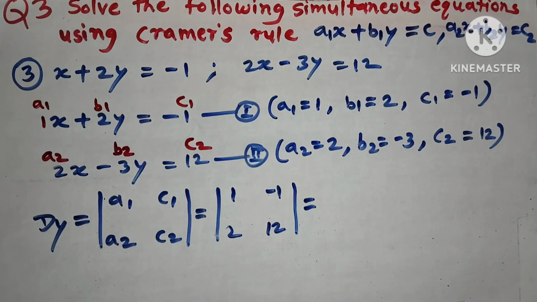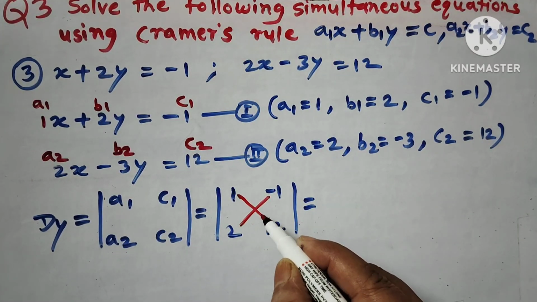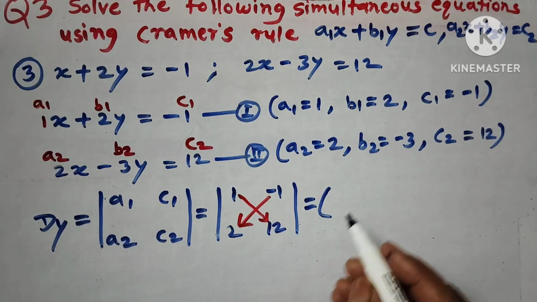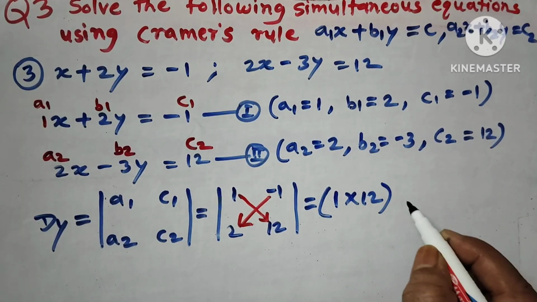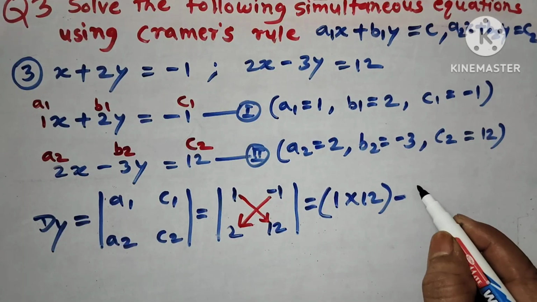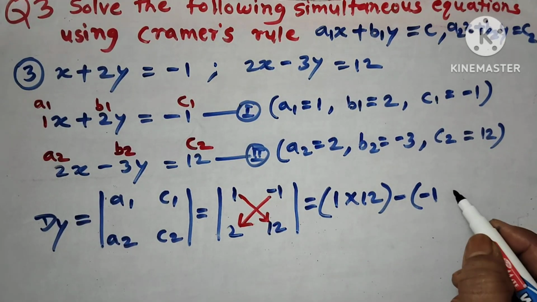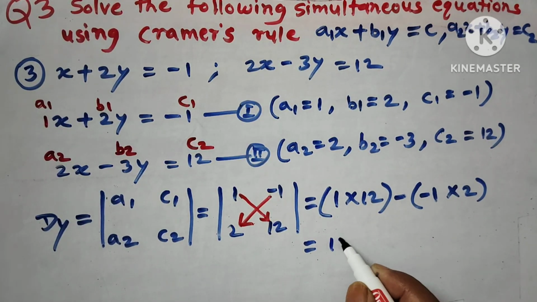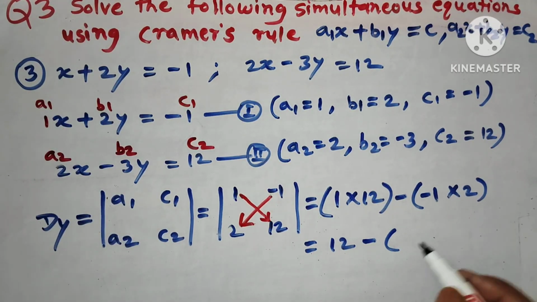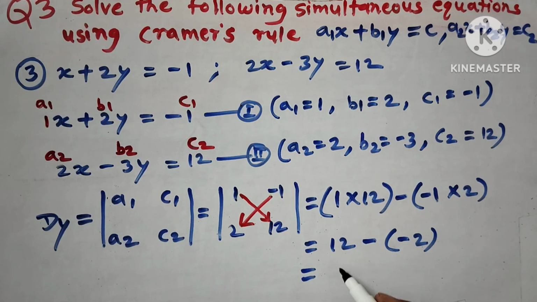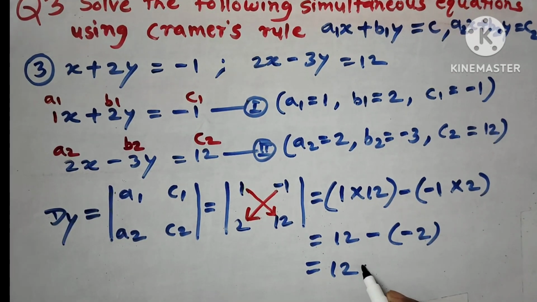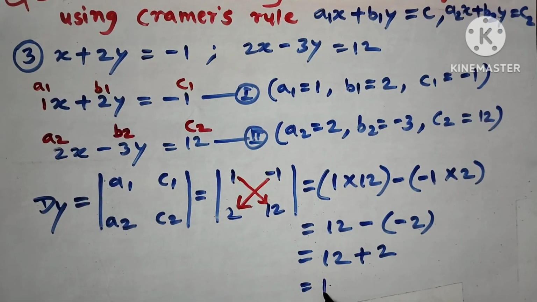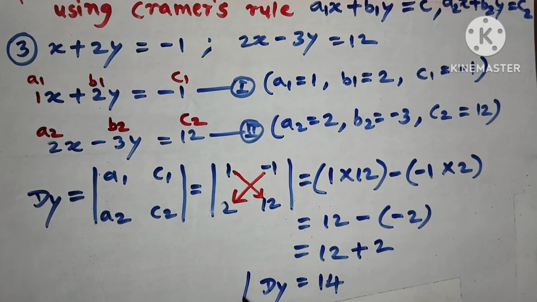That is (1 into 12) minus (-1 into 2). 12 ones are 12, minus (-2), and minus of minus becomes plus, so 12 plus 2 is equal to 14. Dy is equal to 14.